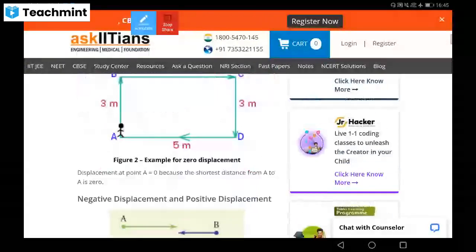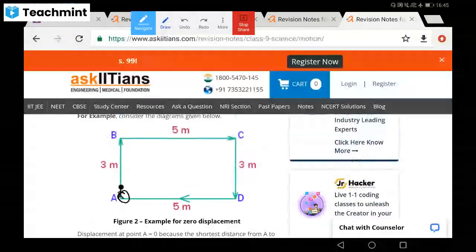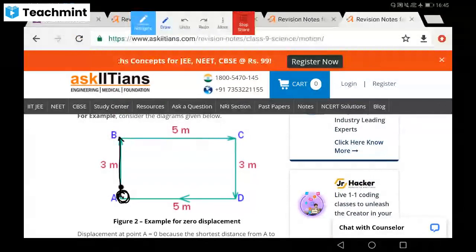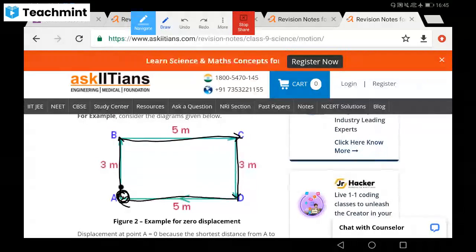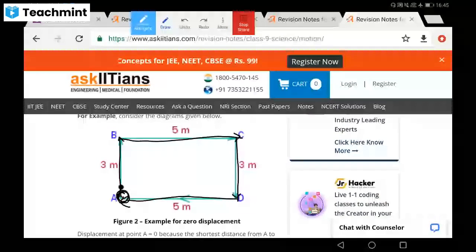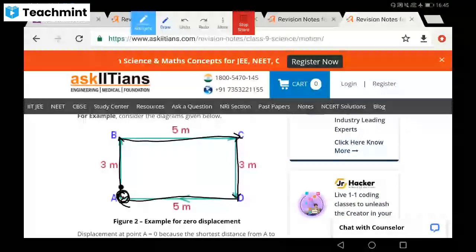Now here is a question, an example of zero displacement. See, a person has started to move from here. He has gone to this point B, 3 meter, then he has gone to point C, from there D to A. Now this person has moved 3 plus 5 plus 3 plus 5, that is 16 meter, but he came back to his original point, the origin point.